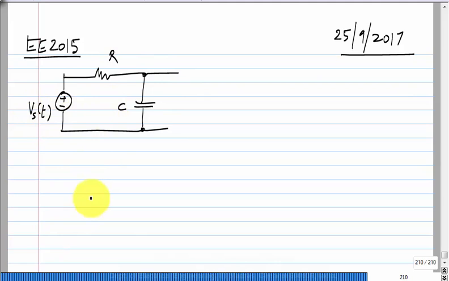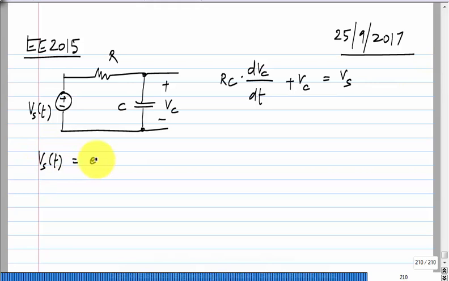Vs is a function of time, and the differential equation governing Vc is... Of course, Vs can be anything, but right now we are looking at an exponential. The idea is we know that the natural response of a first order system is a decaying exponential, and perhaps we feed that to another first order system, we want to see what happens.